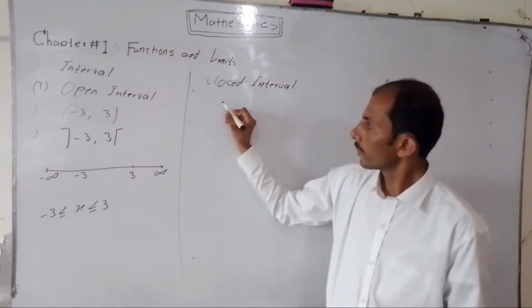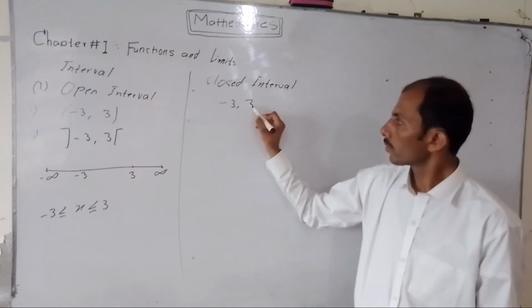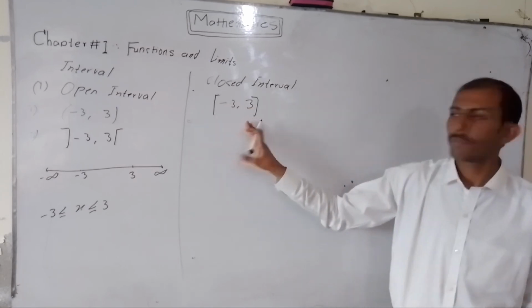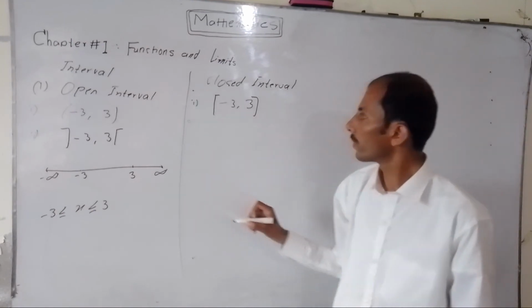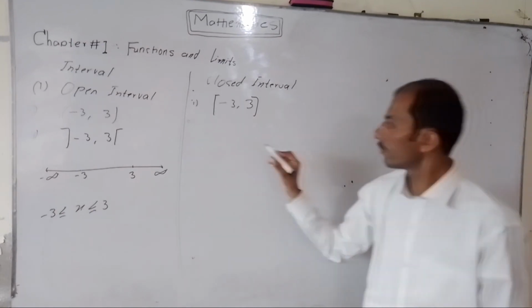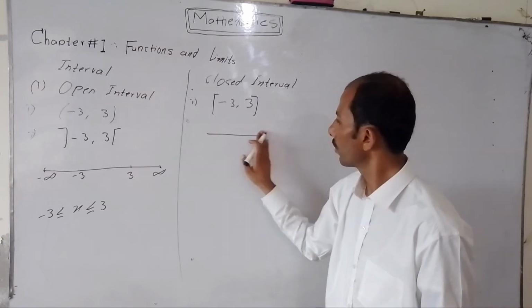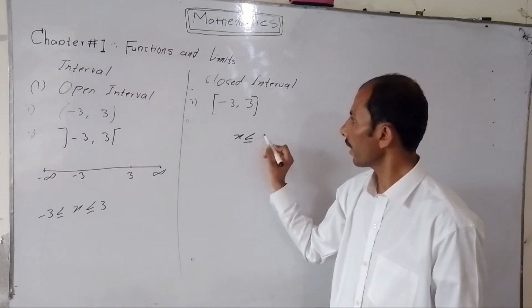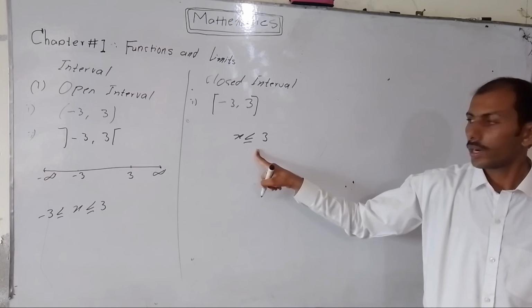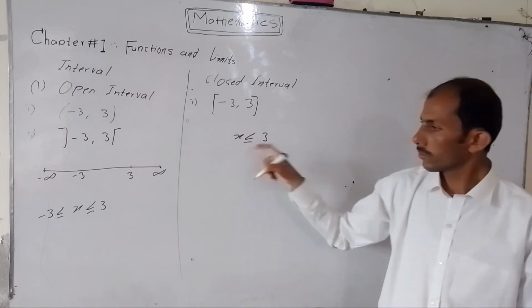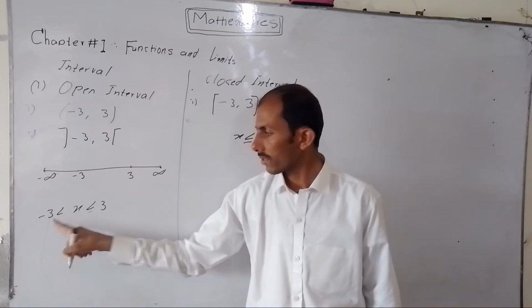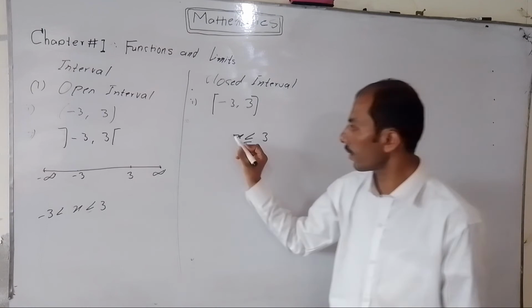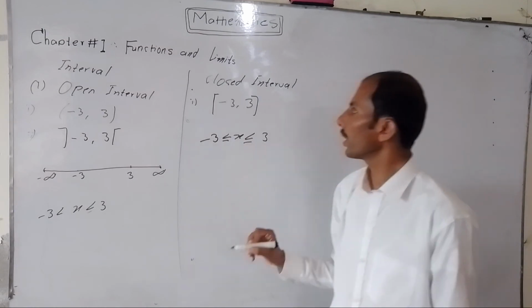Minus 3 to plus 3, this is a closed interval. Next, interval form: x less than or equal to 3 and greater than or equal to minus 3.